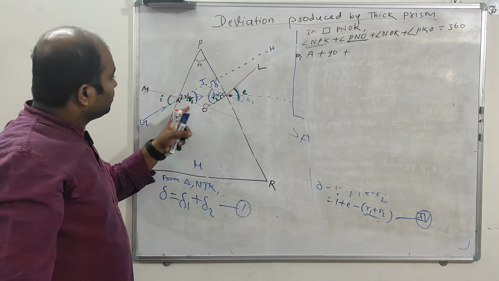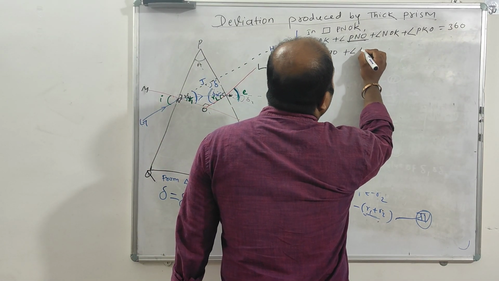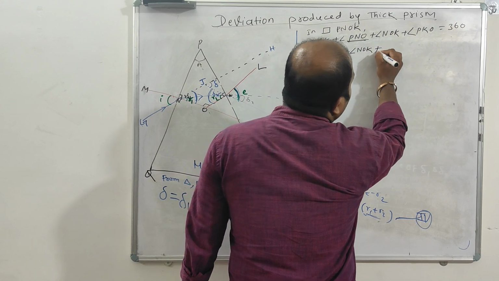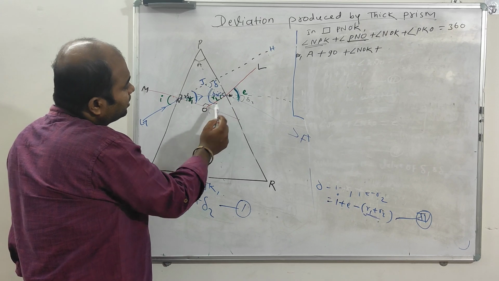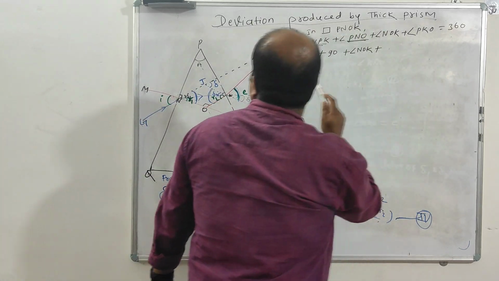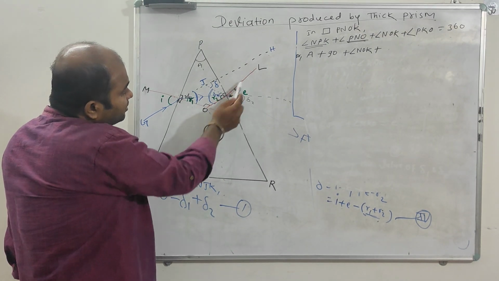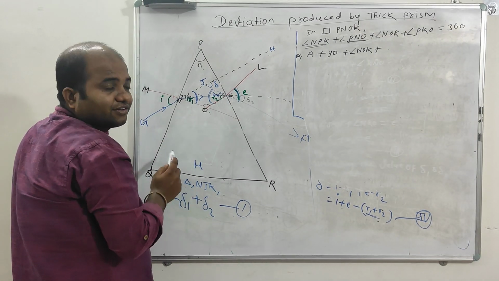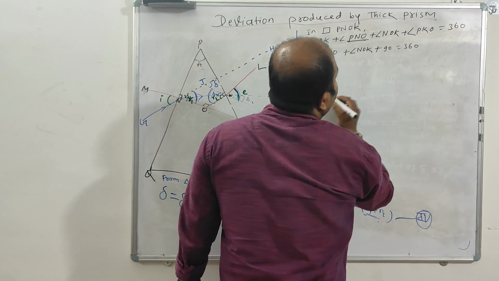Where is NOK? There is nothing, so I can write angle NOK plus, and about PKO, this is also normal to the secant surface, so this is 90 degrees. So I'll put here 90, equal to 360.